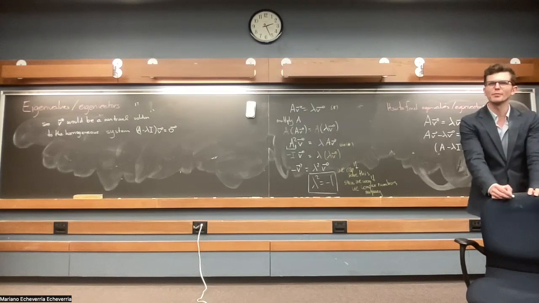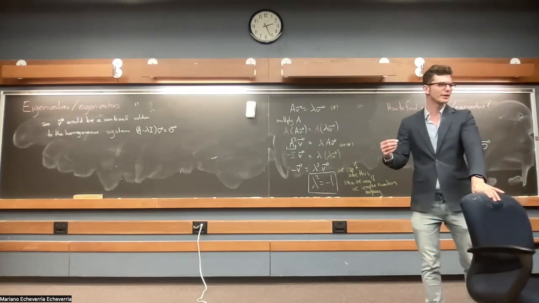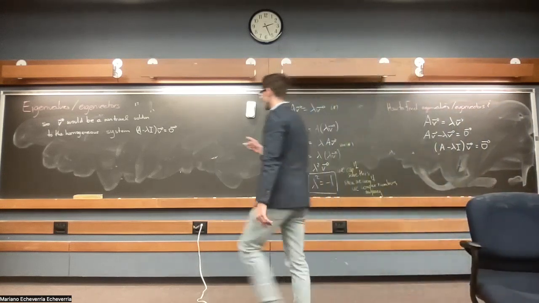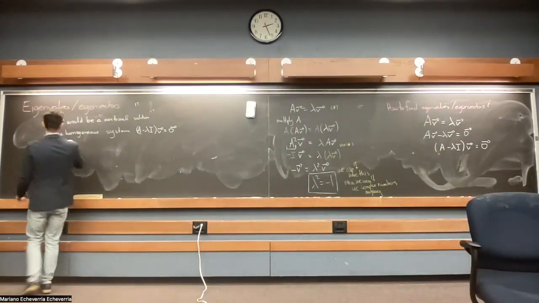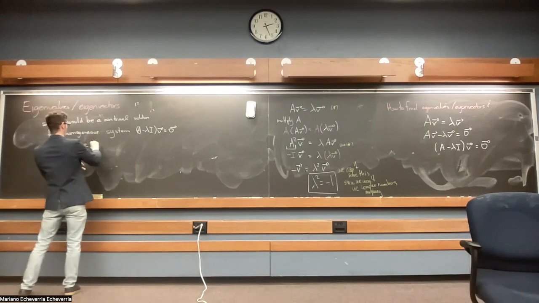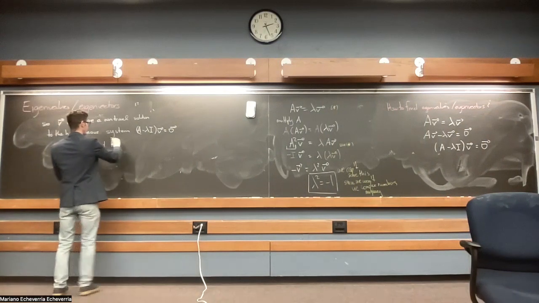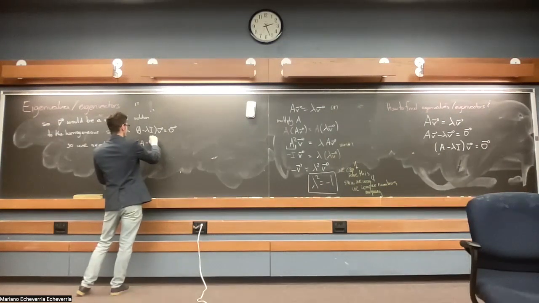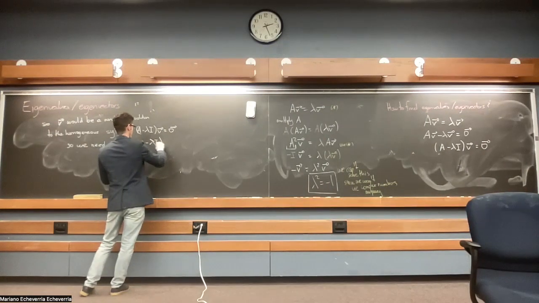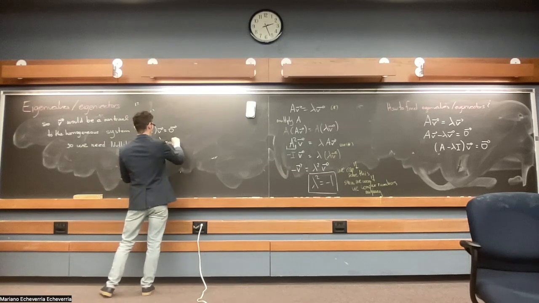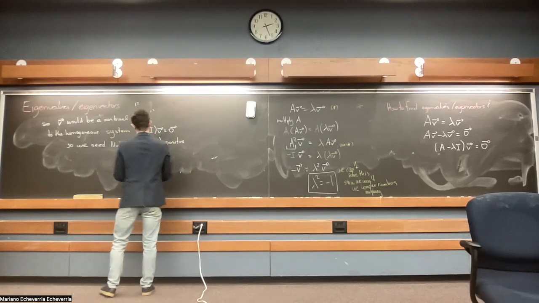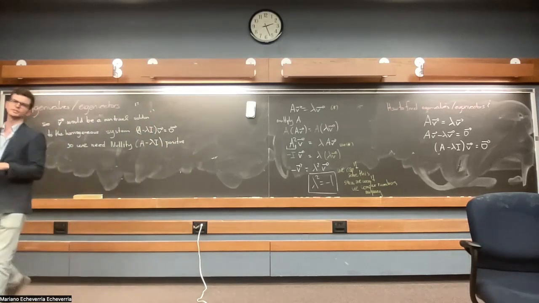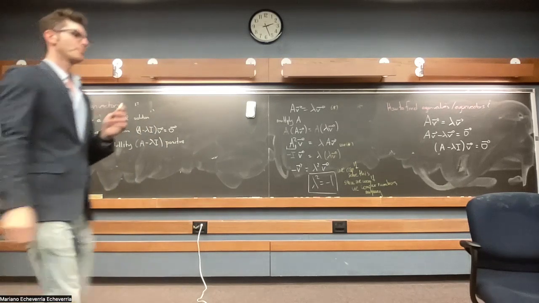What has to happen with the nullity? It has to be positive for there to be a non-trivial solution. So we need the nullity of A minus lambda I to be positive, because if the nullity were 0, then the only solution would be the 0 vector.